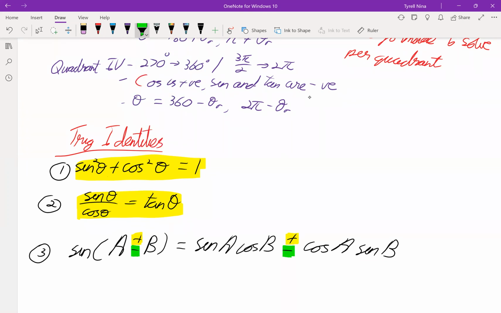So if it's A plus B, then it's sine A cos B plus cos A sine B. If it's A minus B, then it's sine A cos B minus cos A sine B. All right, sure, thank you. Yeah, very good question. I'm glad Otley brought this up as well because I know it can be a bit confusing within the actual formula sheet because I know you're all accustomed to seeing it separately.